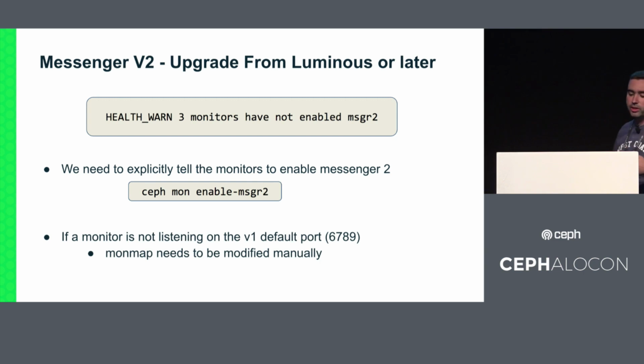To fix that, you will need to change the mon map manually and set the port for V2. Because if you're not using the default port for V1, you probably also want to customize the V2 port for firewall reasons or something. And since we cannot guess which port the user wants to use, the user needs to manually adapt the mon map.